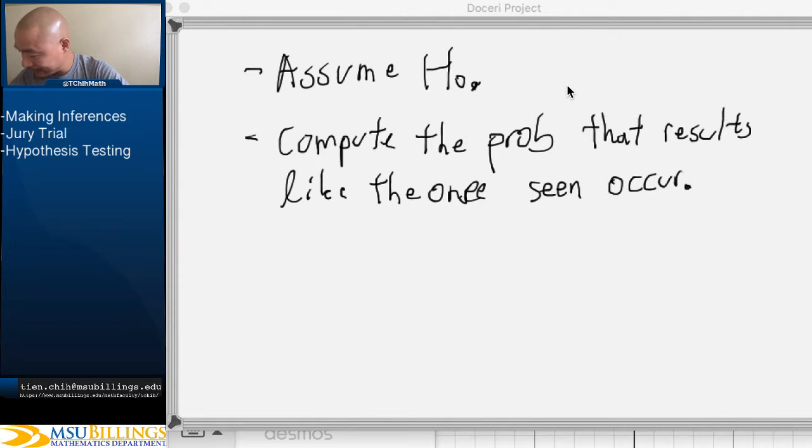And this probability is something that's called the p-value.